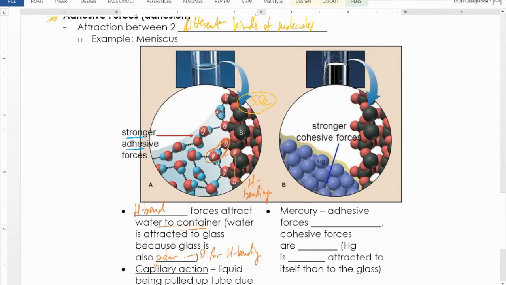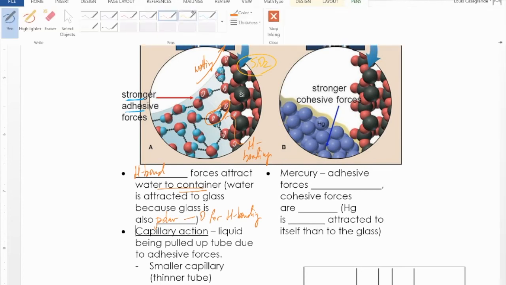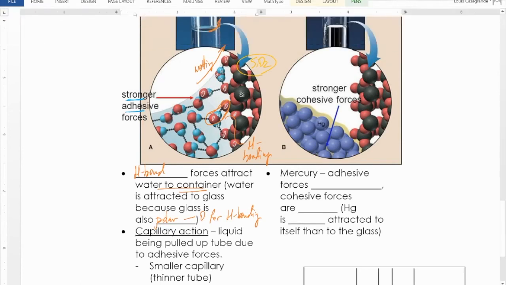And what happens when the water molecules are attracted is they wet the surface. And so they get pulled up, and they wet the surface on the inside. So what's happening on the inside of the container, on the inside of that beaker or test tube, is that the water molecules are being pulled up. Now, capillary action is an extreme of this. As you're wetting, you also have surface tension because you're still going to have those water molecules trying to hold together.